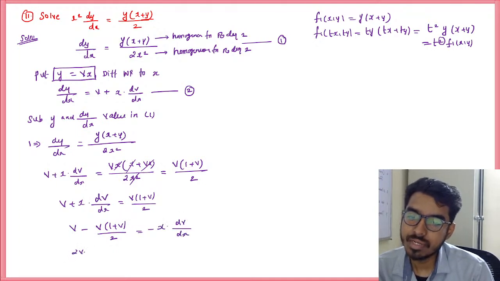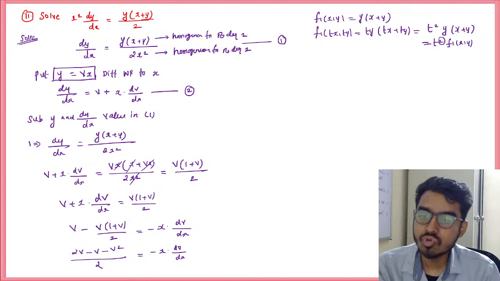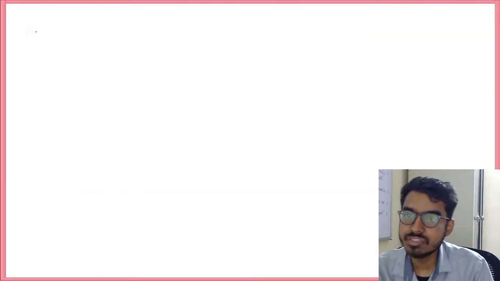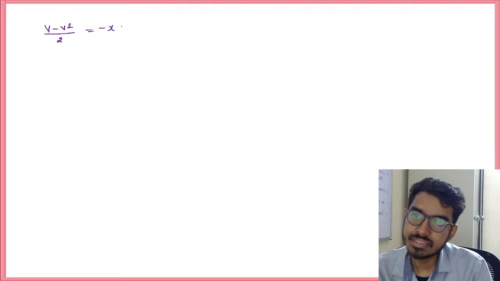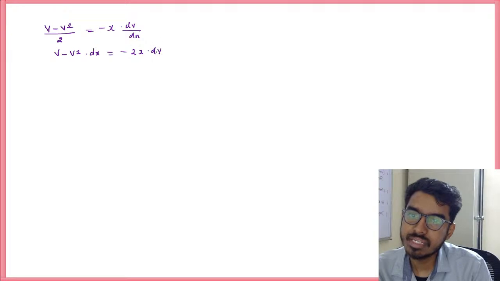So we cross multiply: 2v minus v minus v square divided by 2 is equal to minus x into dv by dx. 2v minus v is v, so we will have v minus v square by 2 is equal to minus x into dv by dx. So we cross multiply, we will have v minus v square into dx equals minus 2x dv.